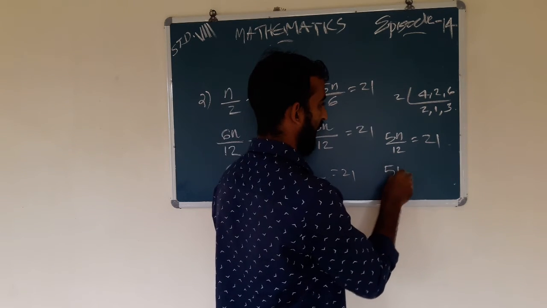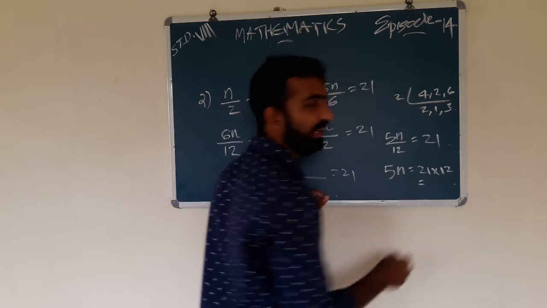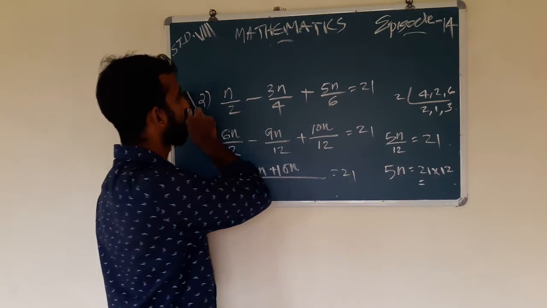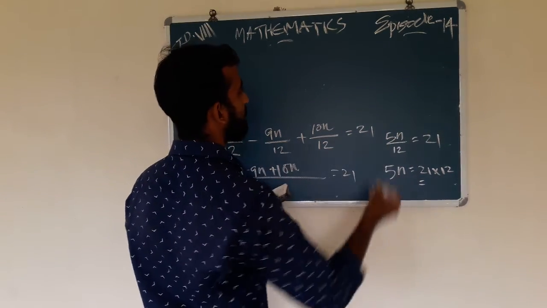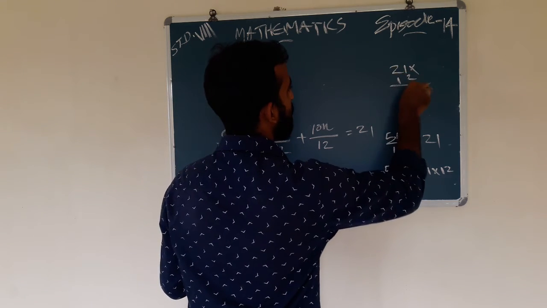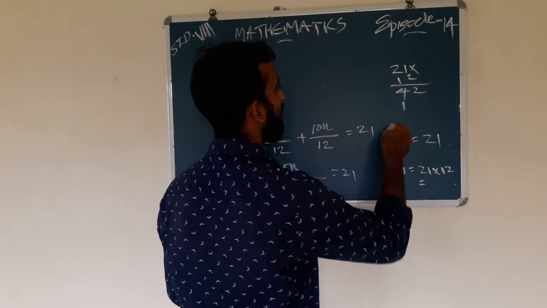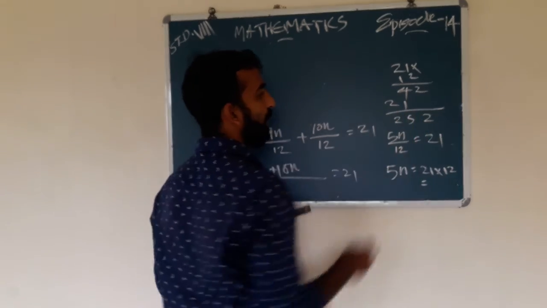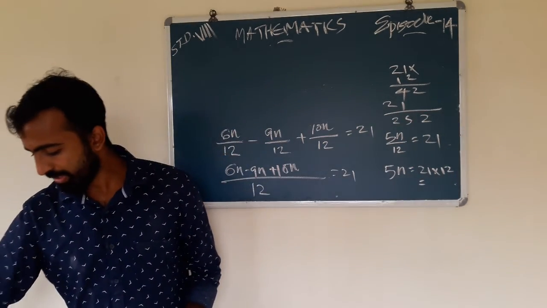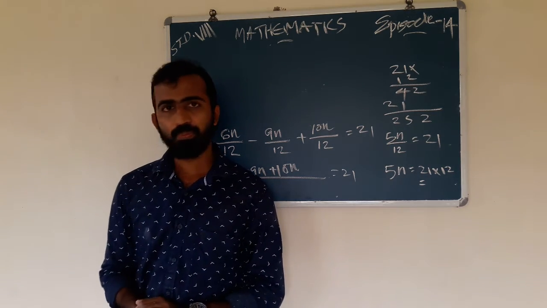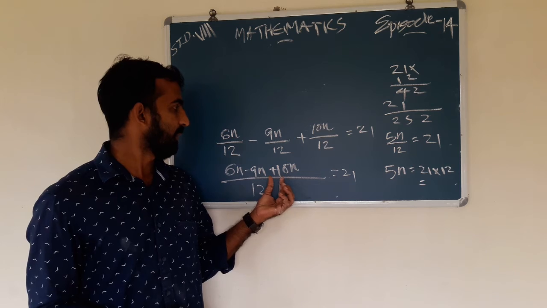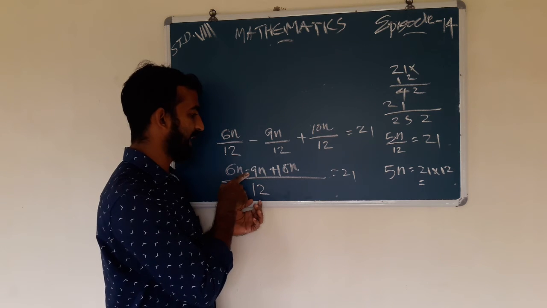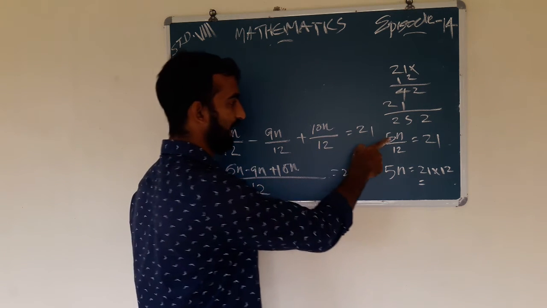That is 5n equal to 21 into 12. What is the answer? 21 into 12 is 252. Here, when we take 6n minus 9n, we get negative 3n, so here it is not 5n, it is 7n.